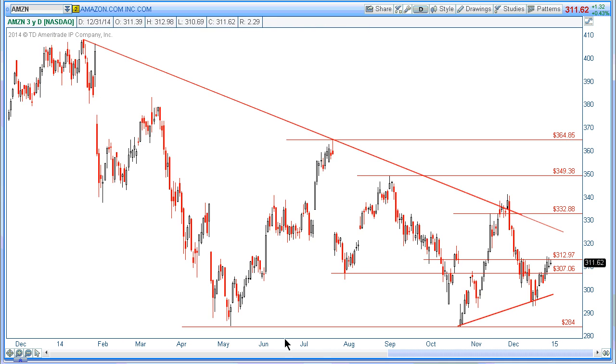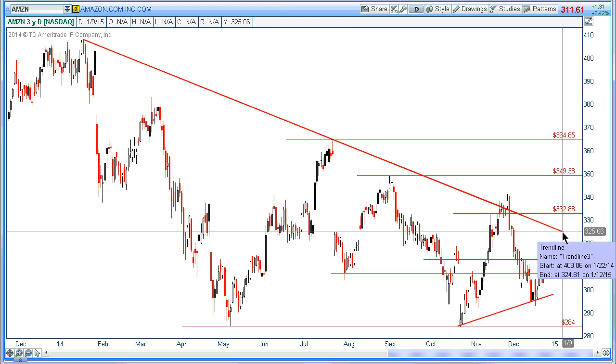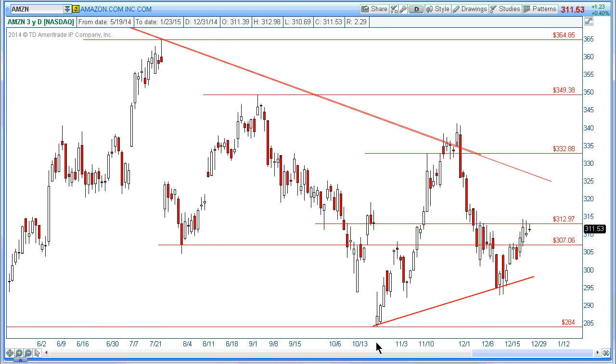And Amazon, we were basically looking at this particular declining, descending triangle. And you can see that it got a nice little bounce and came up to this trend line here and then pulled back. So right now it tried to get back up to this particular trend line here. But I'm not so sure that it will be able to do that.